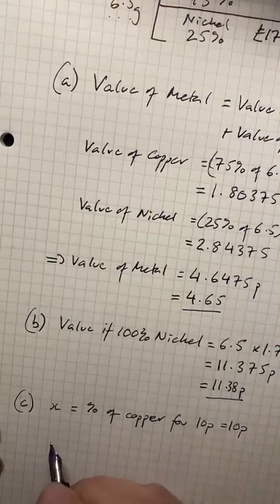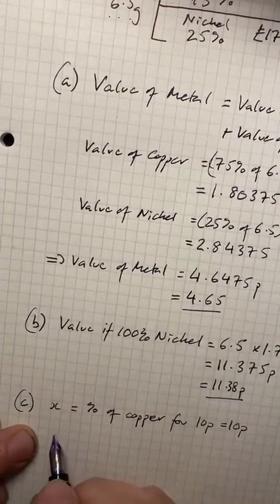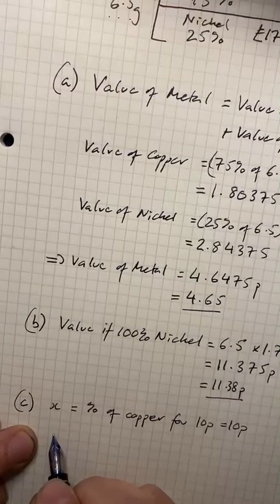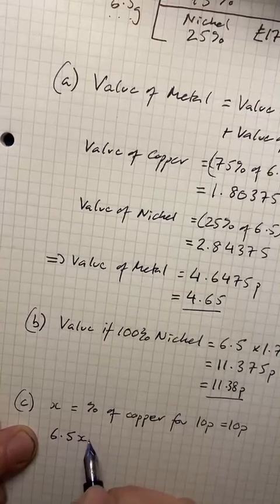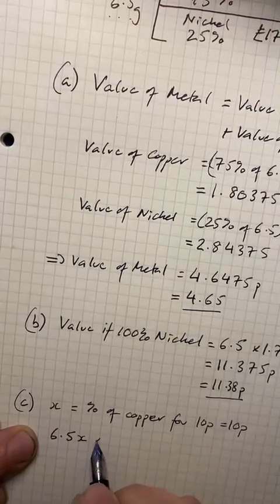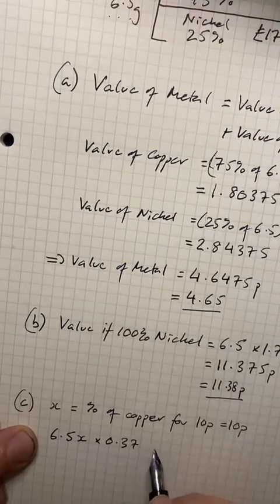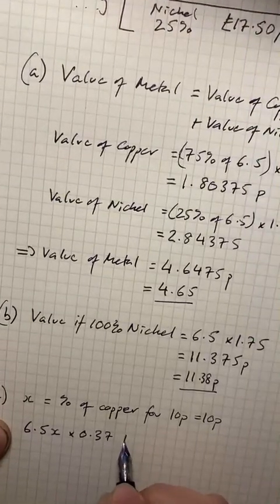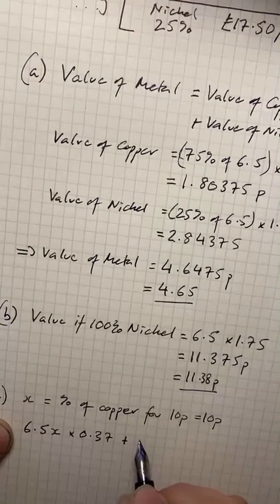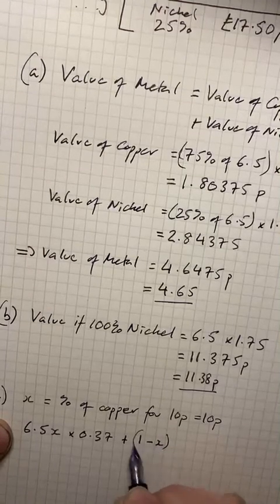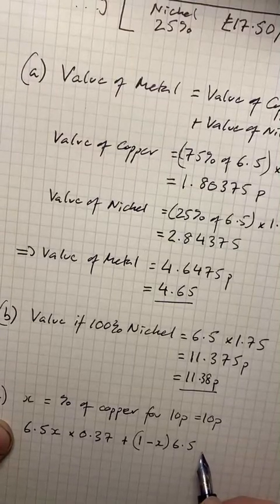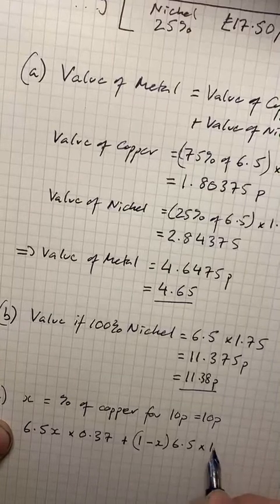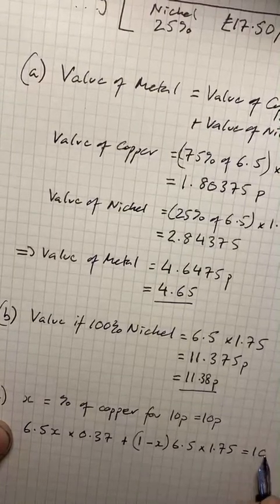So what we're going to do is we have 6.5x, that's the copper, 6.5 times x, times 0.37, because that's copper, plus, and then this is going to be 1 minus x times 6.5 times 1.75. That equals 10.